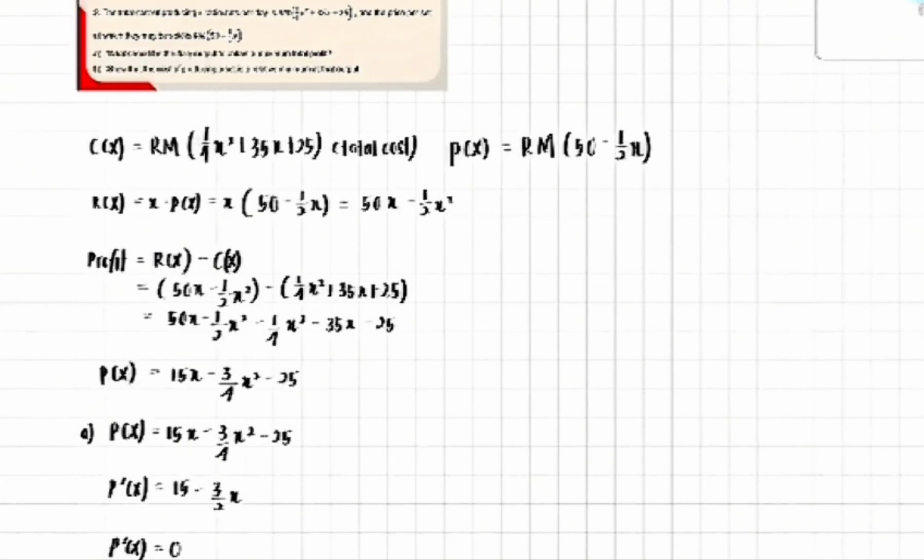Revenue is calculated as x times p(x) equals 50x minus 1 over 2 x squared. So the profit is R(x) minus C(x), and then we got this.